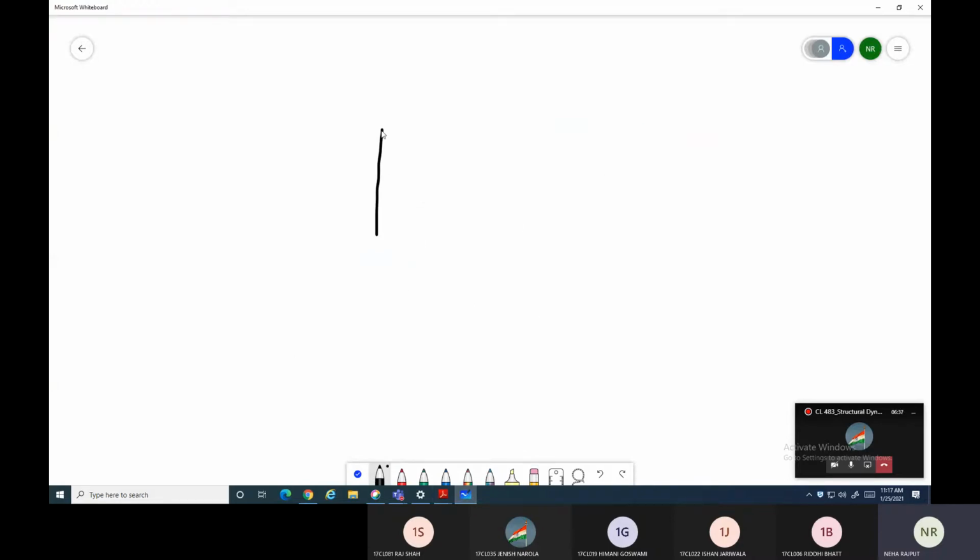angle of stirrup. Suppose this is the beam element, cross section. These are the reinforcement at bottom, reinforcement at top, then stirrup reinforcement connecting the top and bottom reinforcement with this angle, right?